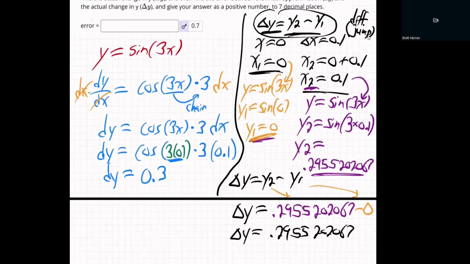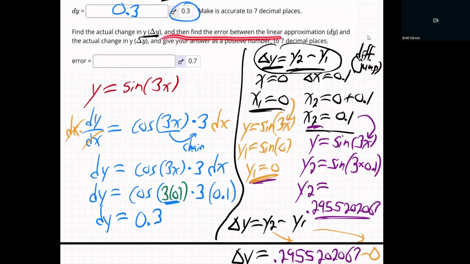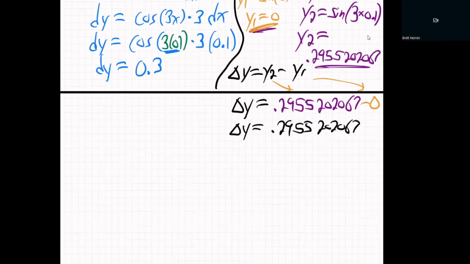Okay, now that's not our final answer yet. So they're saying find delta y, we did, and then find the error between the linear approximation dy and delta y. How different are dy and delta y?